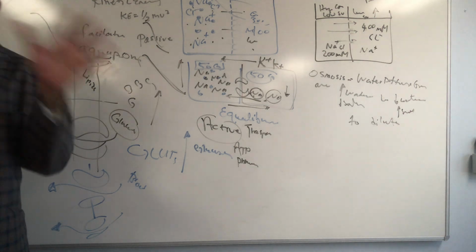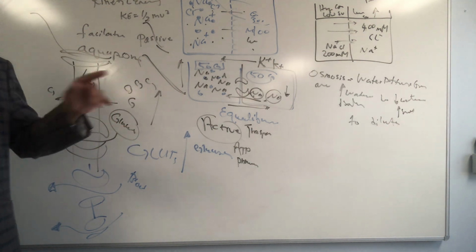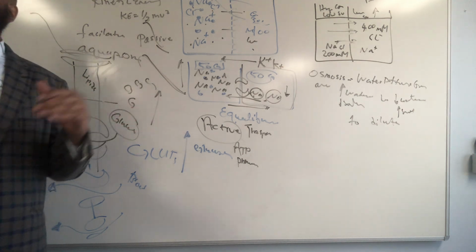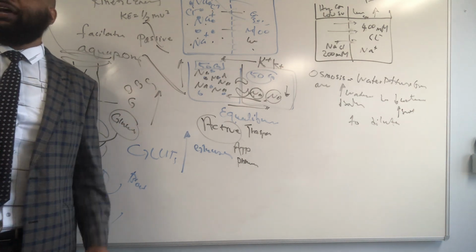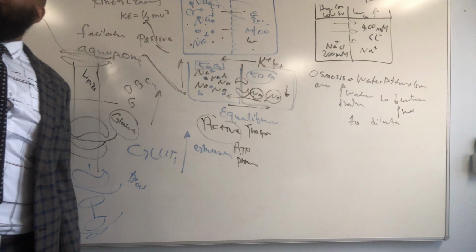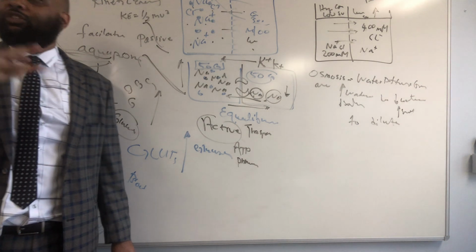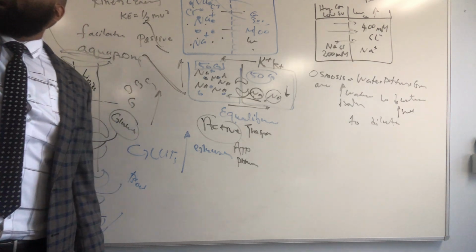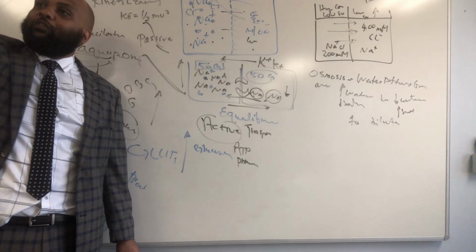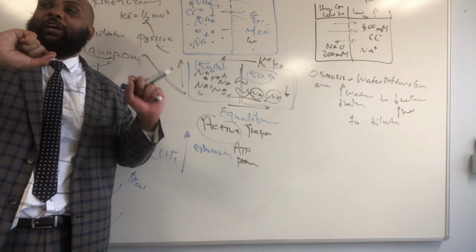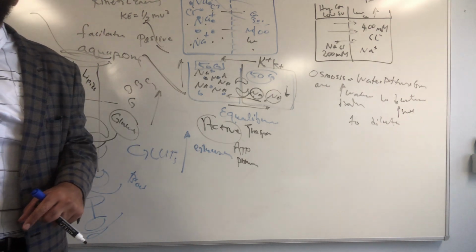That's passive diffusion. Active transport is when we go against it. So now, instead of going from 500 to 100, those 100 who came in from the 500 side, the sodium potassium ATPase would throw them back out.